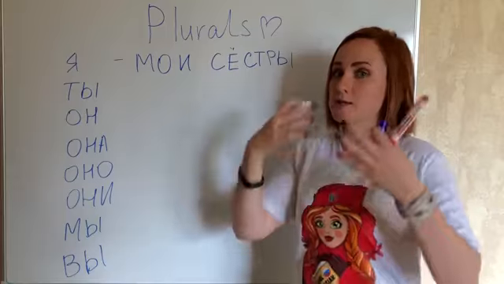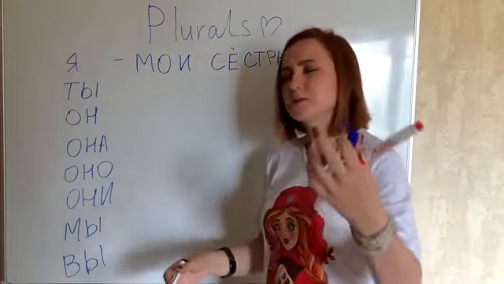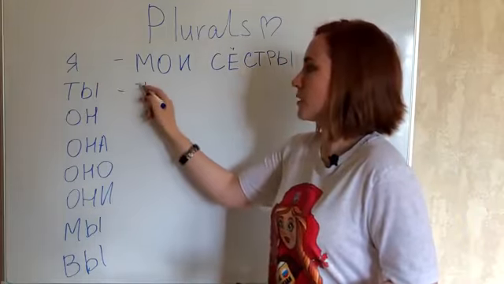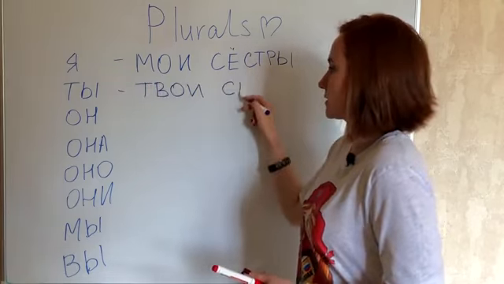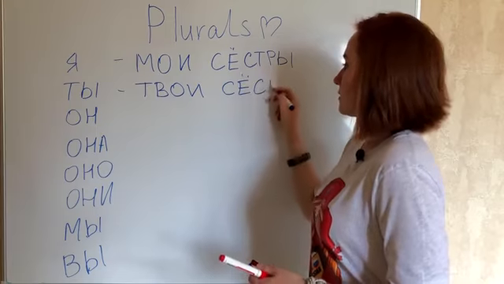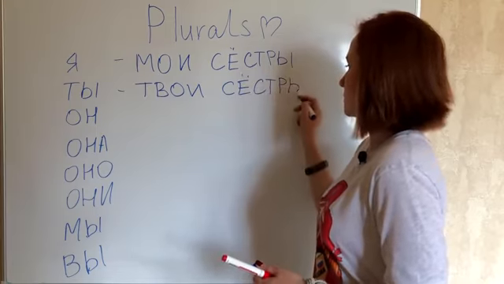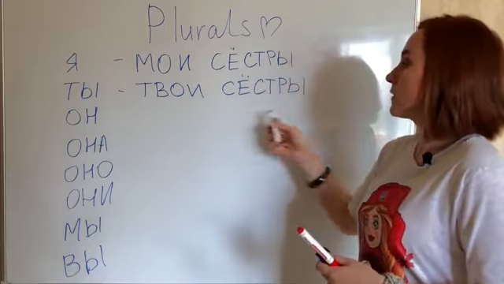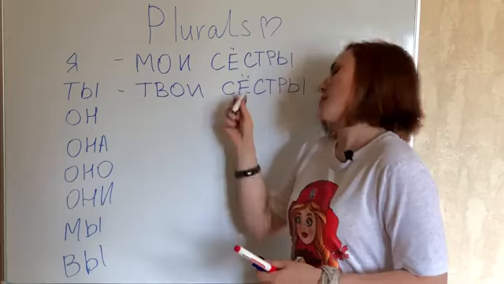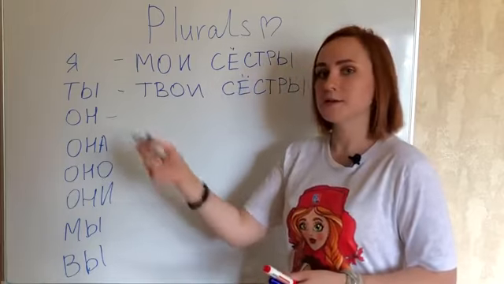And you may ask, speaking about, or you may answer, because you are speaking about me, you can say, yes, they are your sisters. Да, твои сестры. Твои, your sisters.